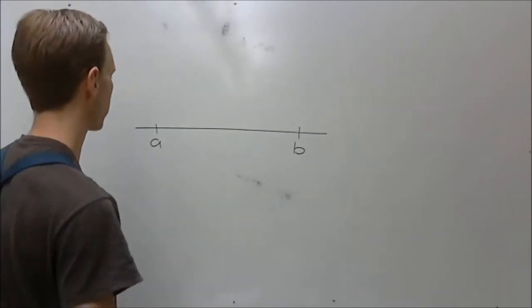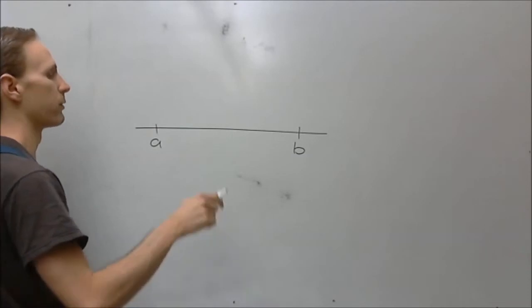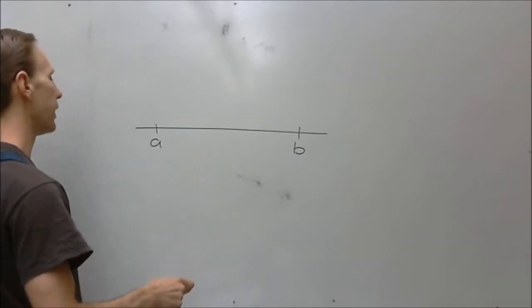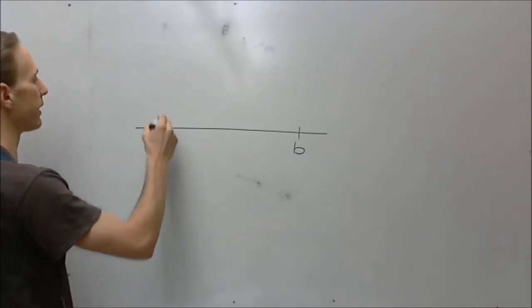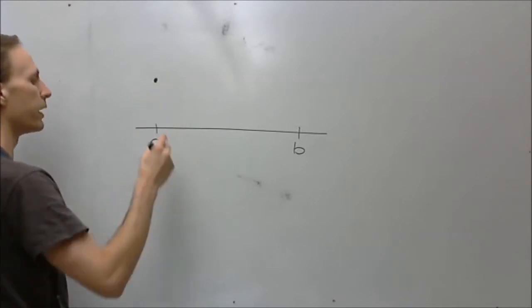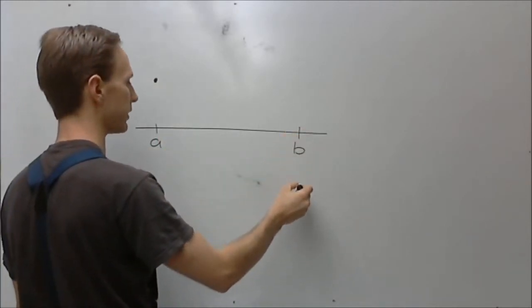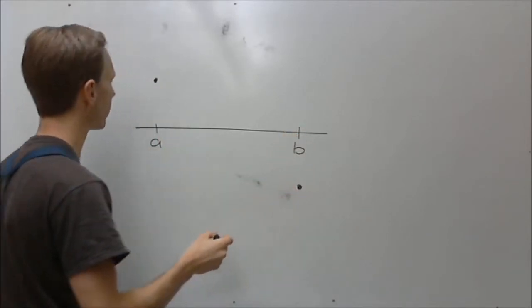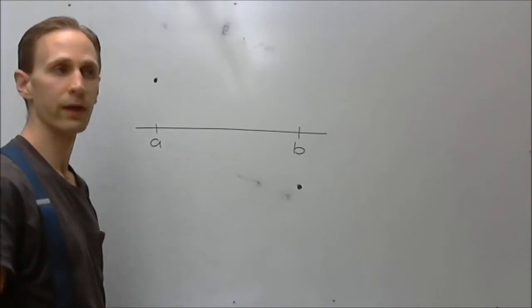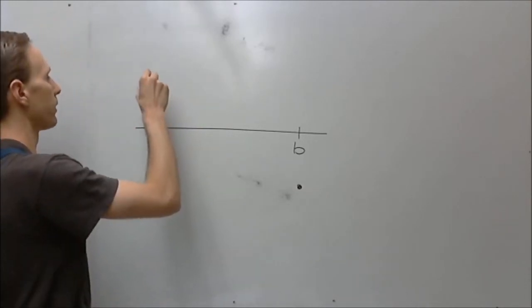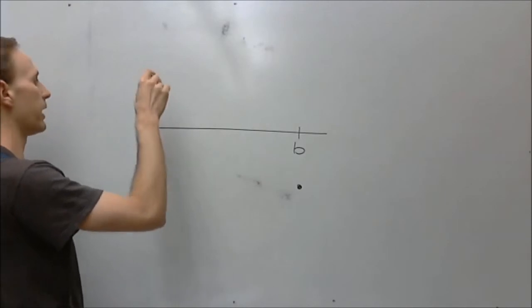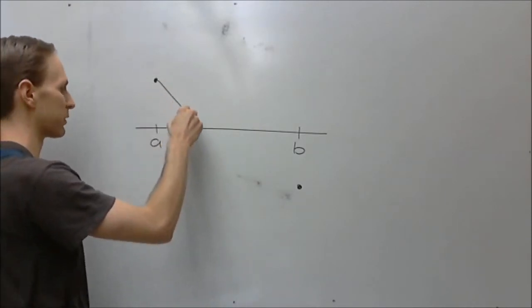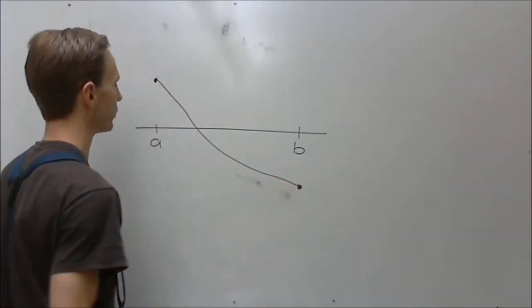Probably a better example of that is if a function is continuous and you know that f of a is some positive number and you know that f of b is a negative number, then you can say that because of the intermediate value theorem, between a and b, the function must have at least one 0, right?